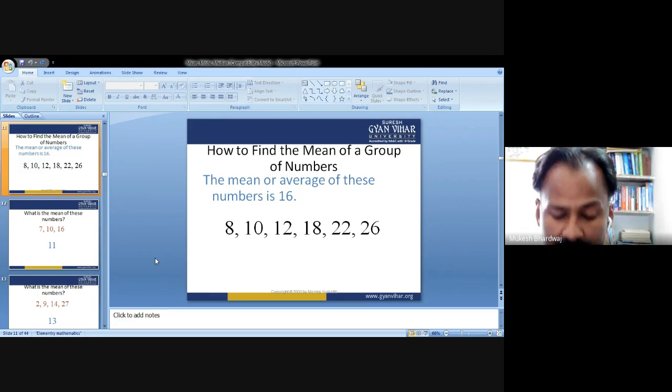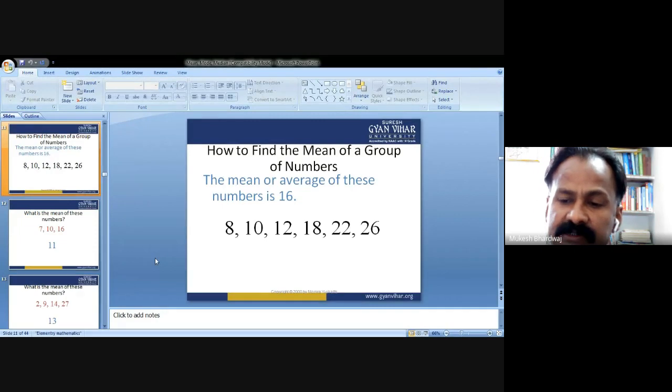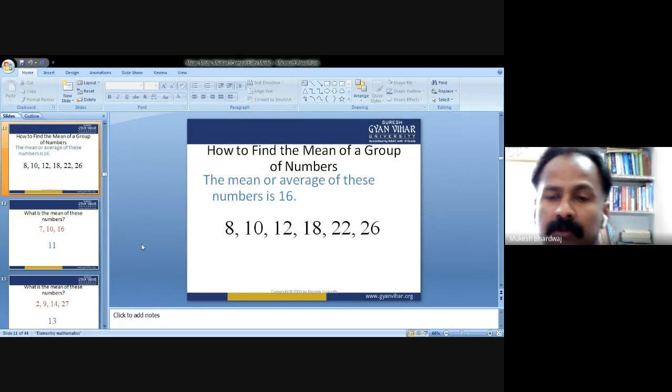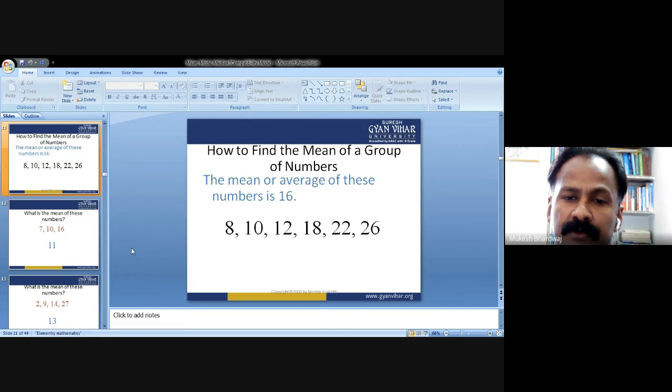Do you find any problem till here when finding the average? I think it is the simplest calculation and the simplest topic of measures of central tendency. Okay, so we hope that there is no problem in finding out the average.